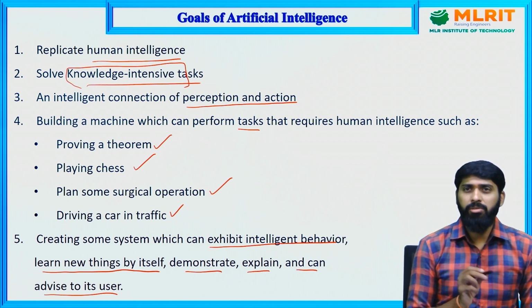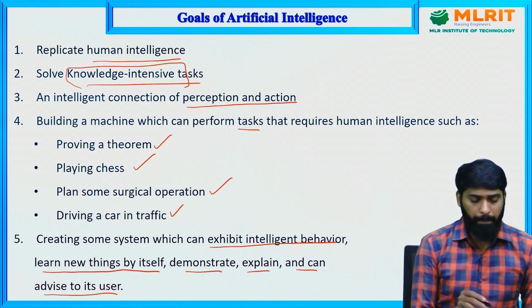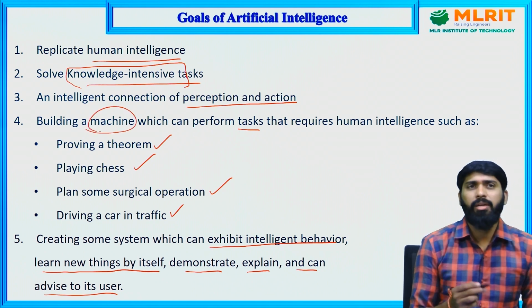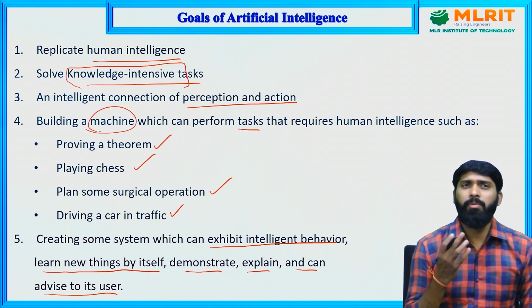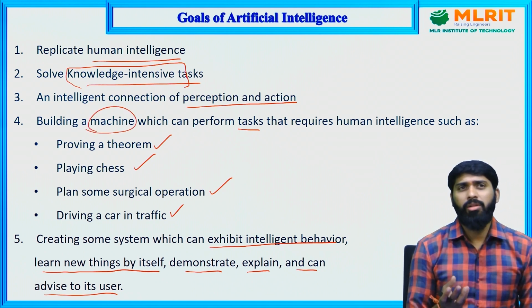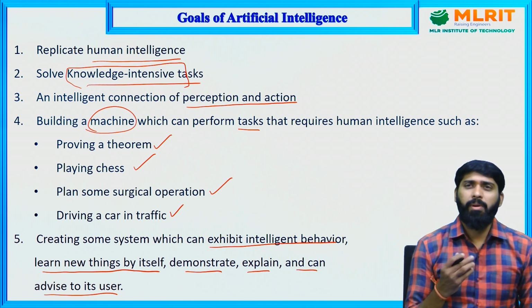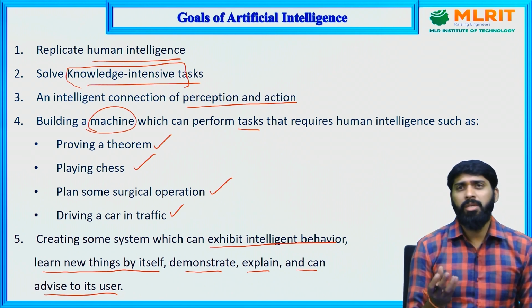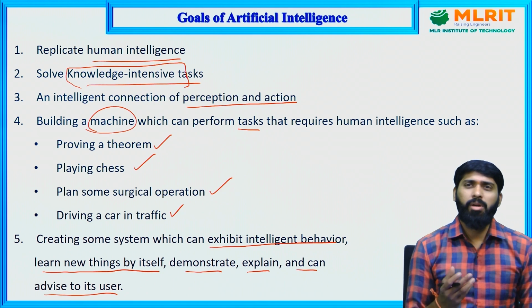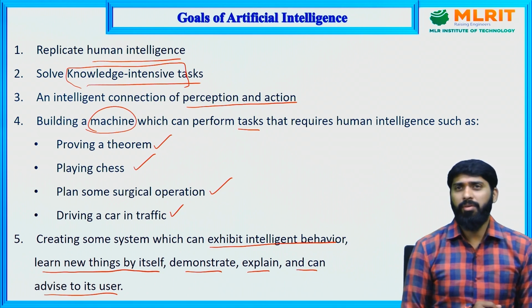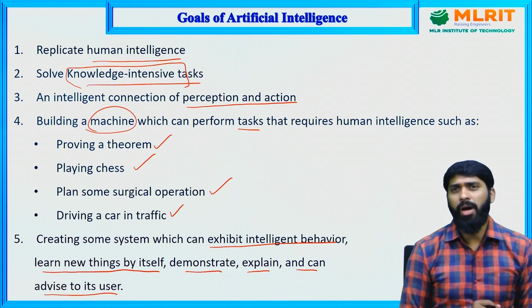So by using these AI models, we are going to process that data set. The goal of AI is building machines so that the model will solve the theorem, play a game, do some surgical operations, or be used for autonomous driving. So all these are the goals of artificial intelligence.